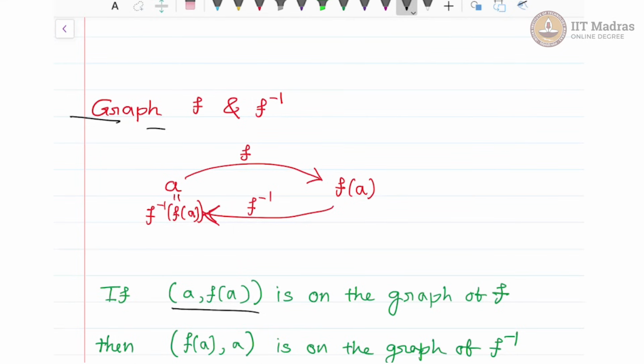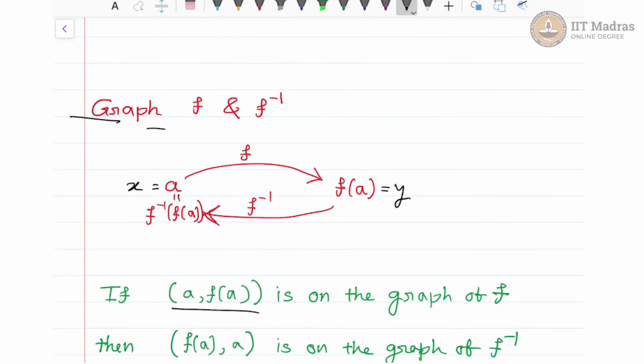What happens when you talk about f inverse? Here f of a is actually on the y axis and a is on the x axis. So when you look at the inverse function, the values on the y axis actually get converted into values on the x axis, and the values on the x axis will actually get converted into values on the y axis. So this is the mapping that we have given.